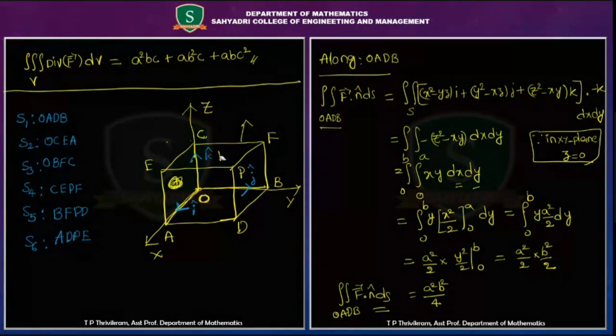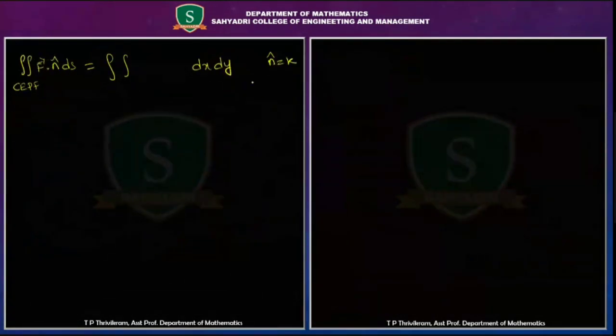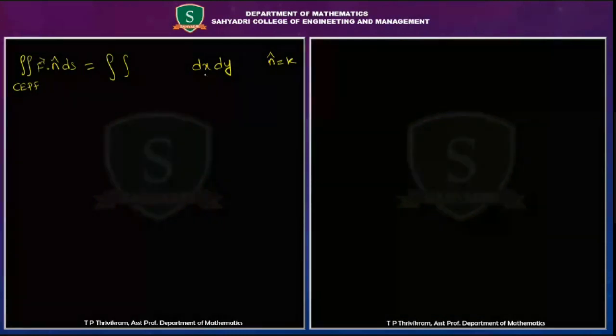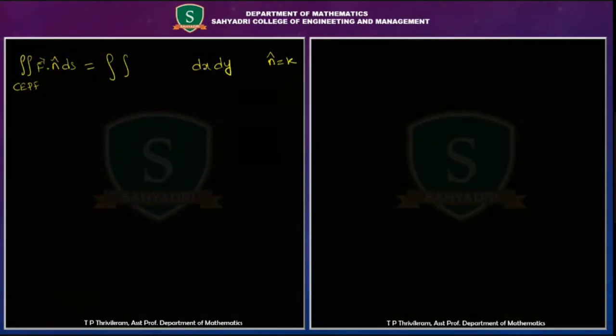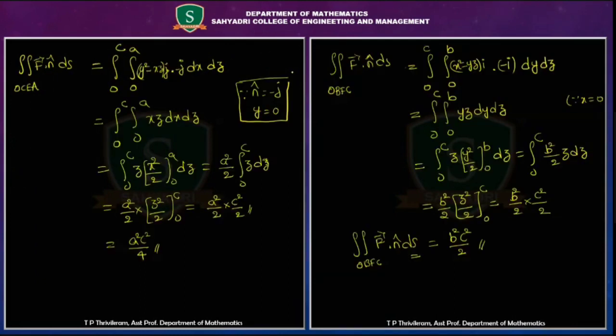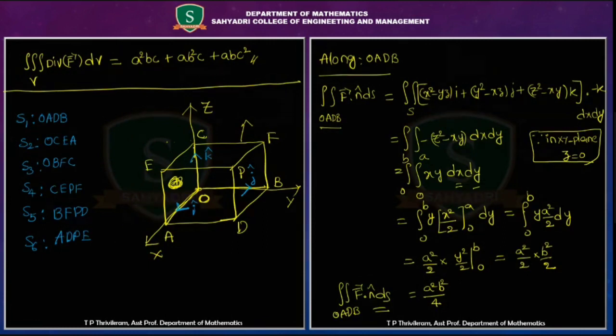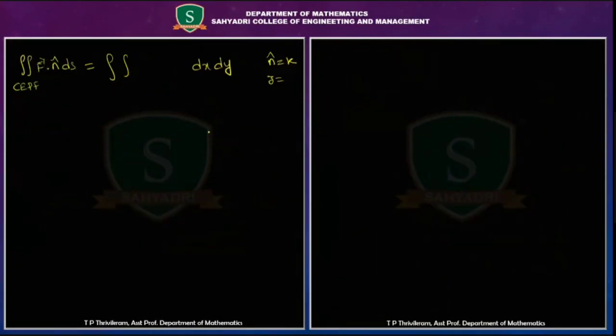So you have to take plus k. And what about x value? This is in which plane will get dx dy. Z value will be how much? How much height it is? This height is nothing but this value will be 0 comma 0 comma c it is. C distance. So z is equal to c will substitute.